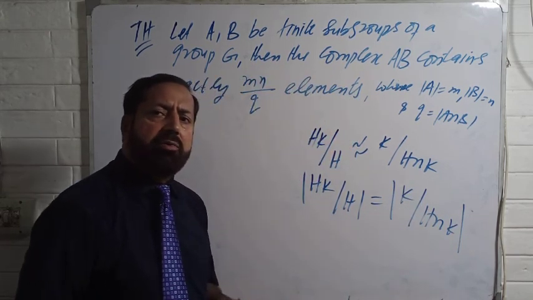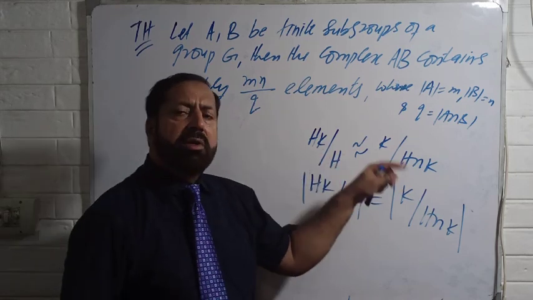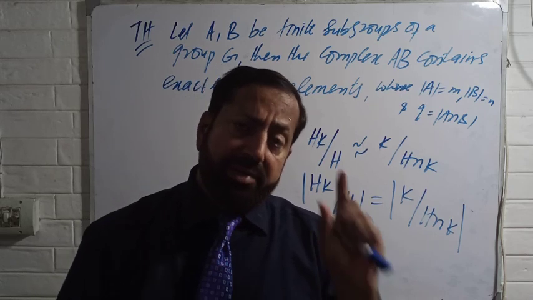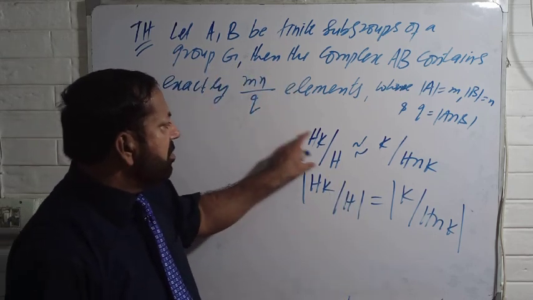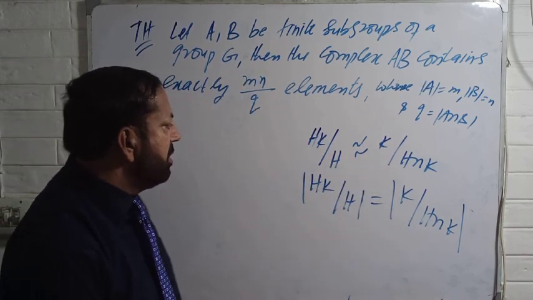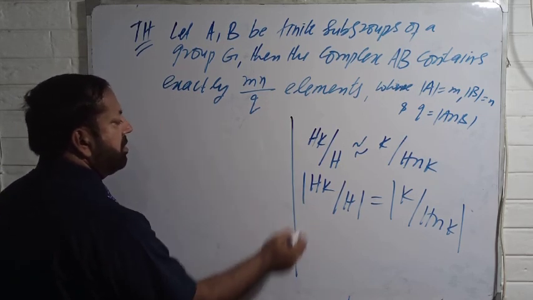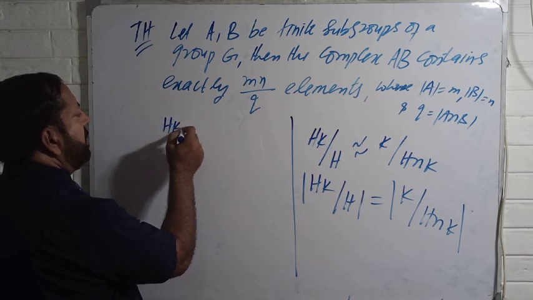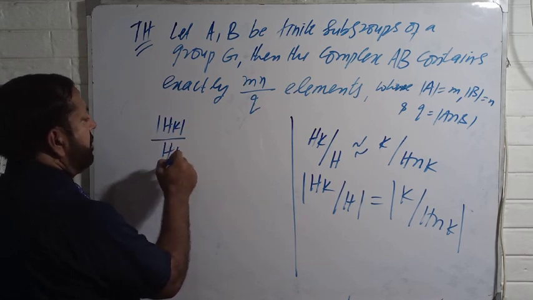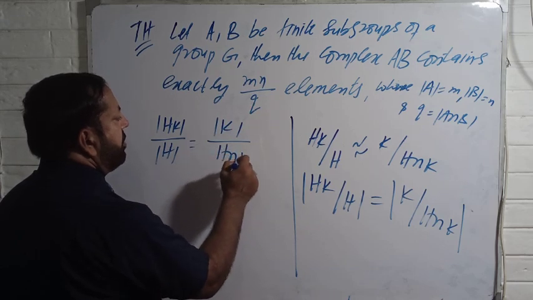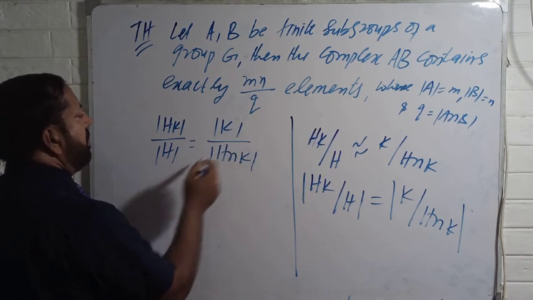When you are saying that two groups are isomorphic to each other, this means that their structure is the same and their order is the same as well. So the order of this group must be equal to the order of this group. Its order is the order of HK over the order of H, and this is equal to the order of K over the order of H intersection K, and you can multiply here.